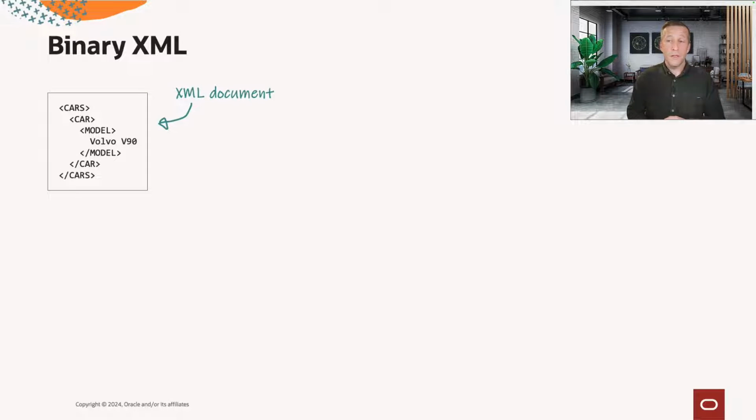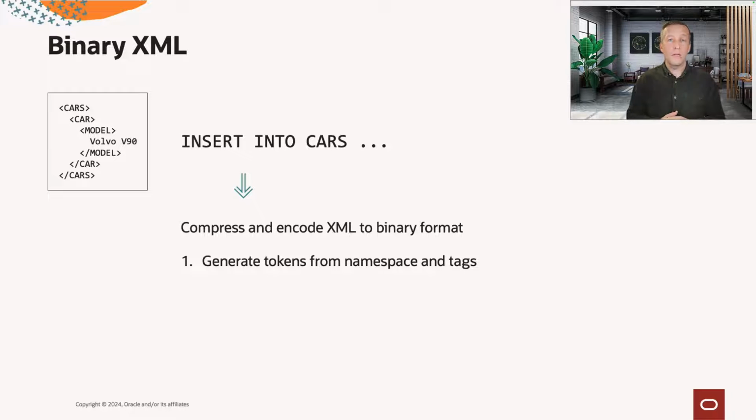Imagine I have an XML document, some car data. It's a very simple XML document. In the real world, you could have a much more complicated XML document. I want to insert this document into the database. When I do that, the first thing the database must do is compress and encode the XML document from the text format into the binary format that we can efficiently store and access in the database.